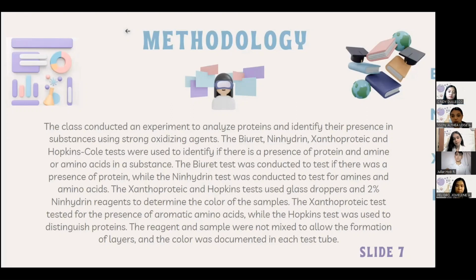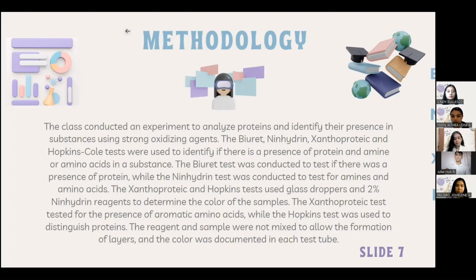So, the liquid samples used in the biuret test to determine whether the protein was present were distilled water, milk, albumin, and salt solution. 10 drops of the biuret reagent were added to each of these samples in a dry test tube, and for the reagent to adequately rest on the sample and allow the color changes to be seen, the class allotted 5 minutes.